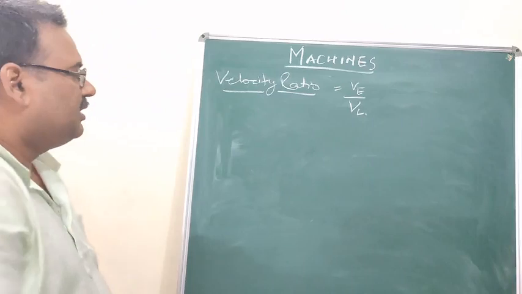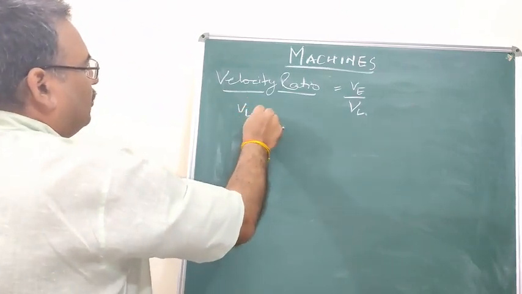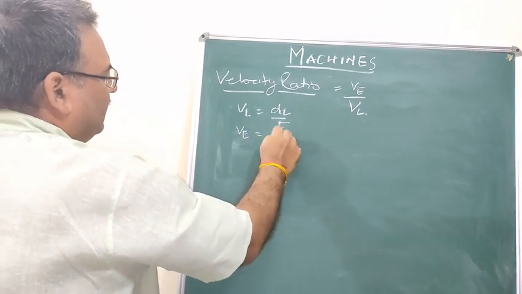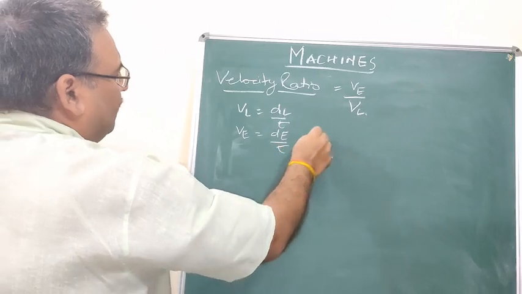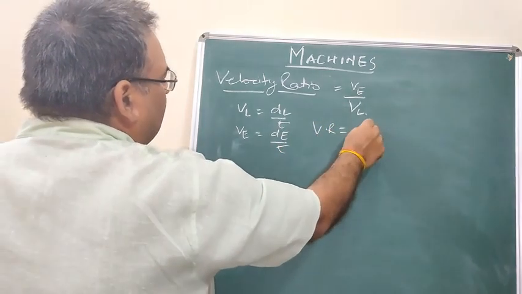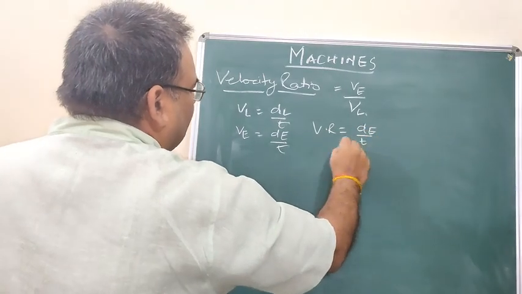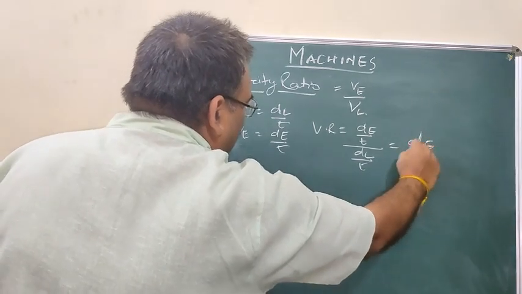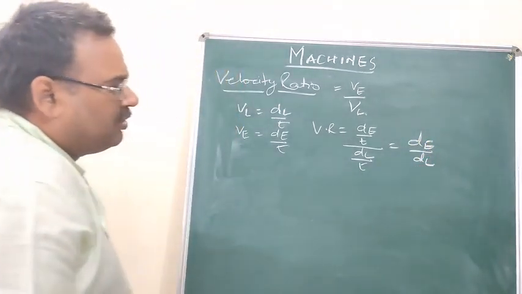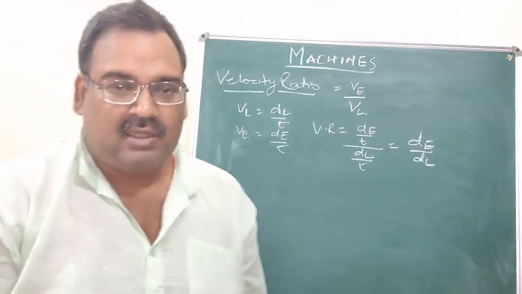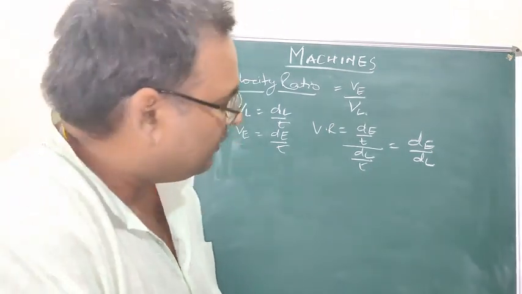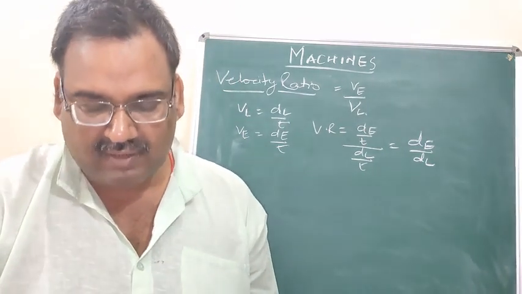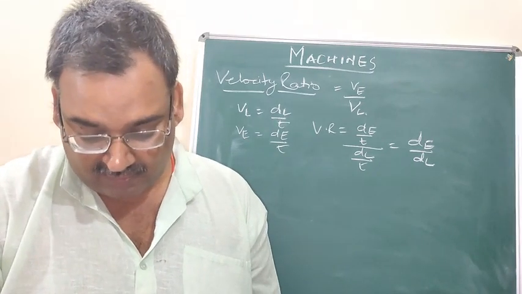So velocity of load is equal to dl upon t, and velocity of effort is equal to de upon t. Then velocity ratio is de upon t divided by dl upon t, which is equal to de upon dl. So velocity ratio is the displacement of the effort to the displacement of the load.